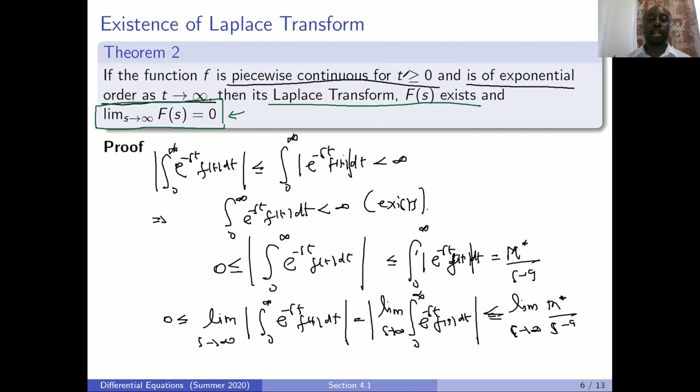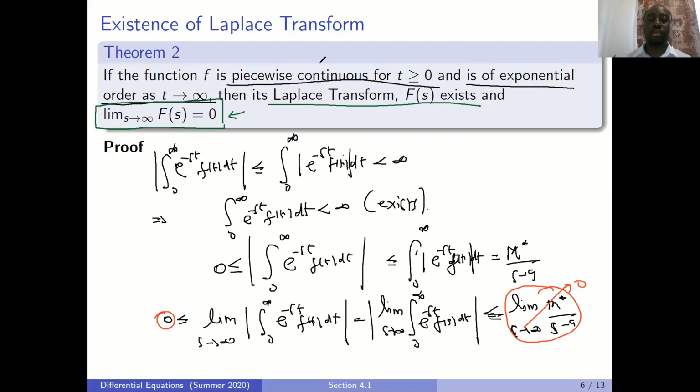Now clearly, as s approaches infinity, this limit approaches 0 because the denominator grows without bound. And of course, the left side of this inequality is also 0.